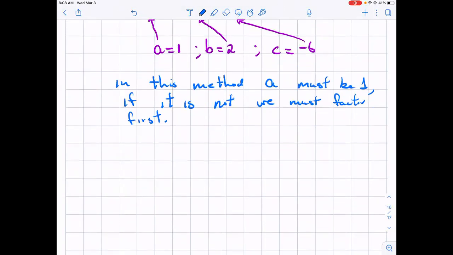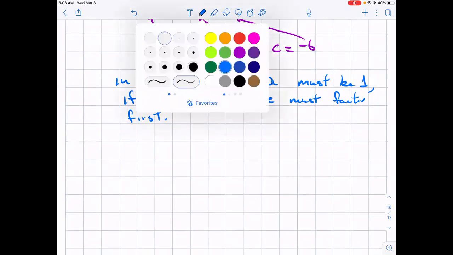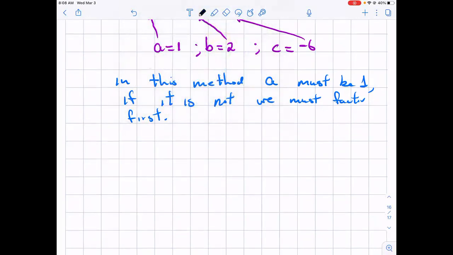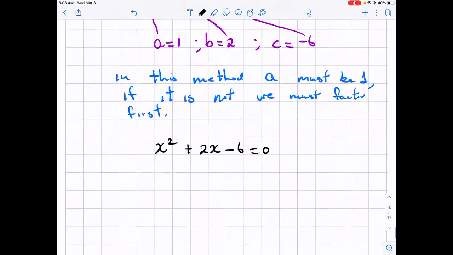So in this example, a is 1, and we don't have to worry about that. So we have here, x squared plus 2x minus 6 equals 0. And I have a video where I clearly show specifically how to solve by factoring quadratics, okay?